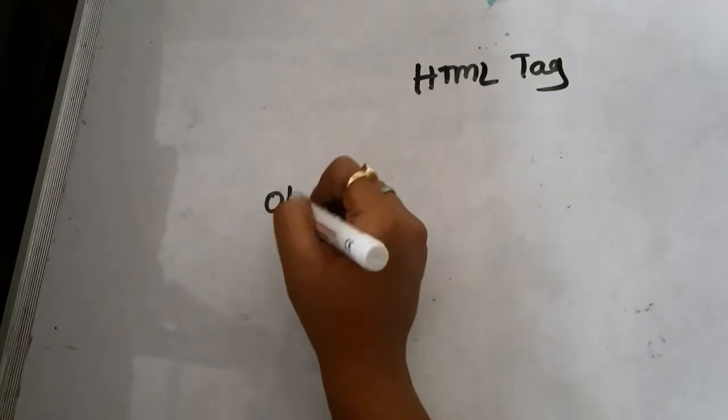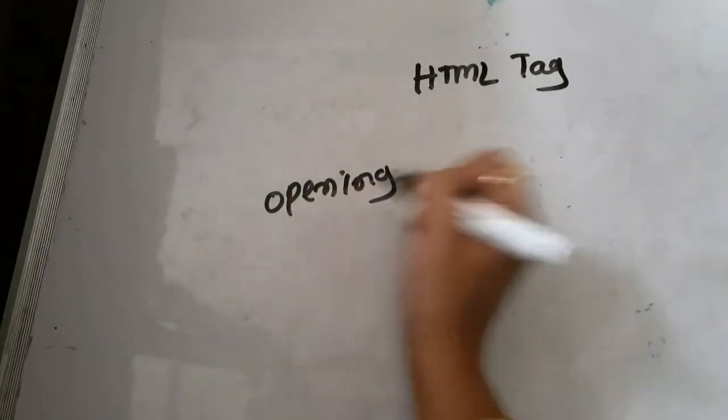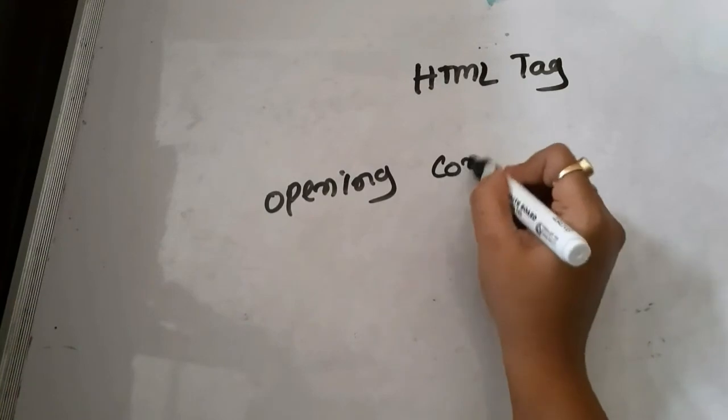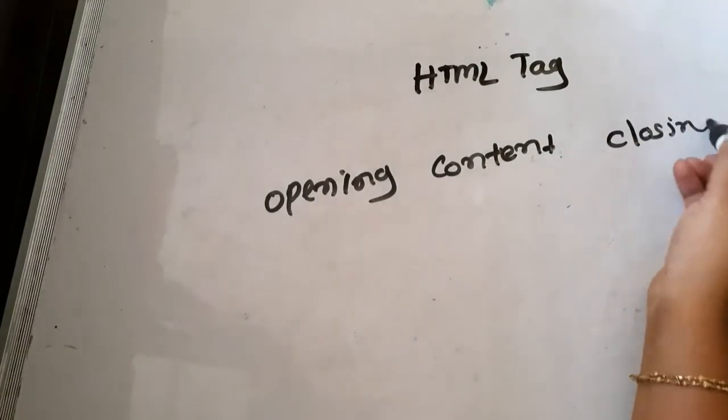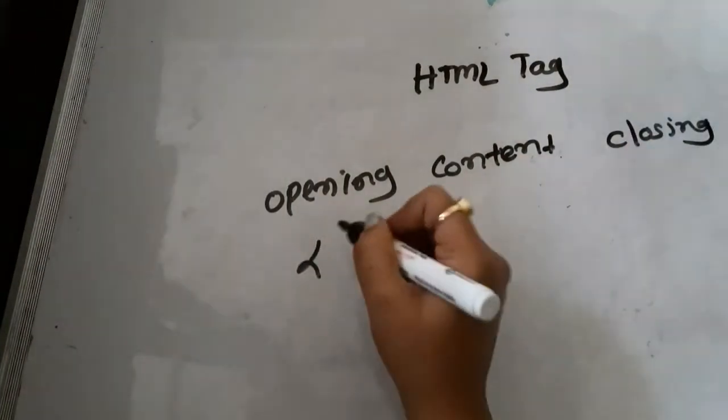A combination of opening and closing tags along with some content between the two tags forms an element. In HTML, elements may have attributes that specify additional formatting or publication instructions. For example, there is an opening tag, content, and a closing tag. For example, the title.